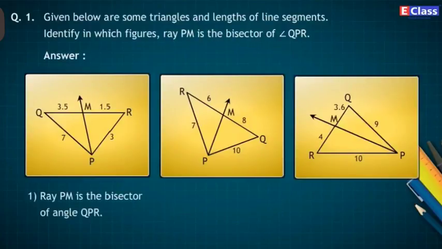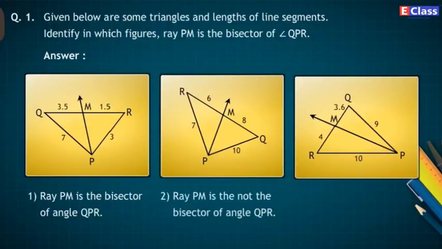Answer. 1. Ray PM is the bisector of angle QPR. 2. Ray PM is not the bisector of angle QPR. 3. Ray PM is the bisector of angle QPR.